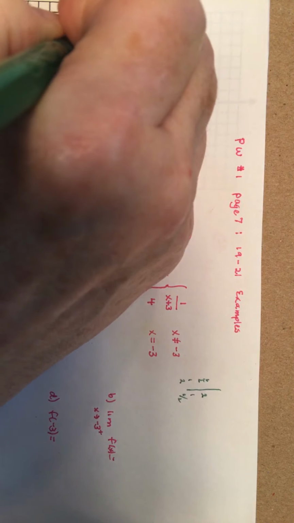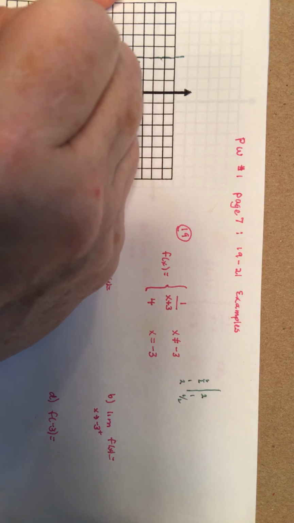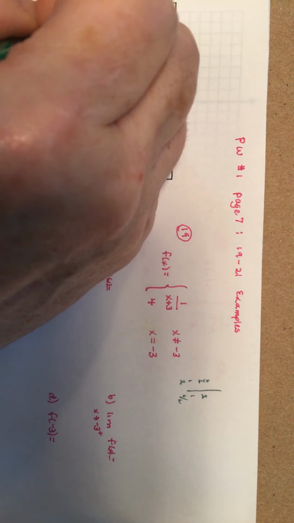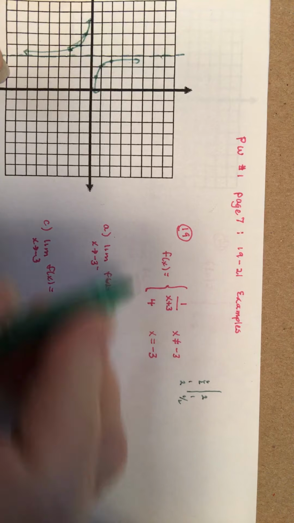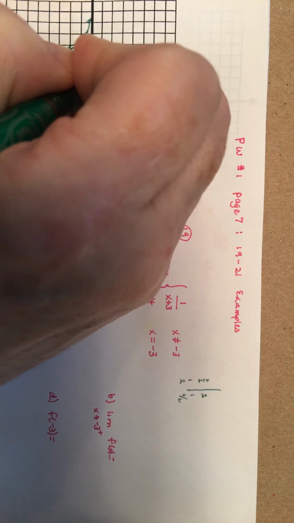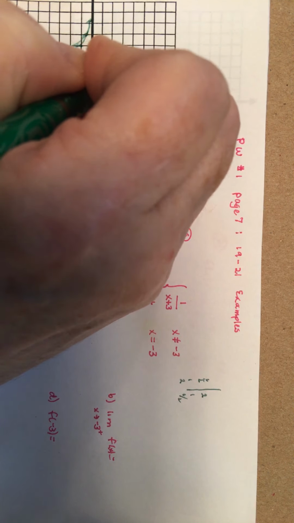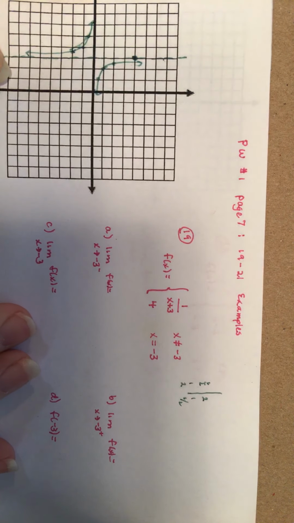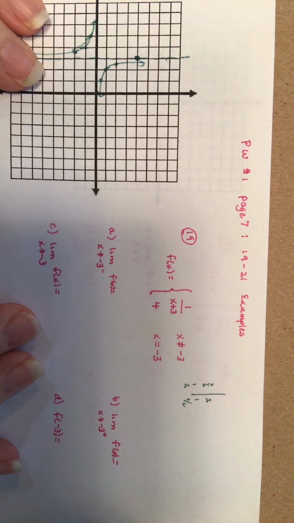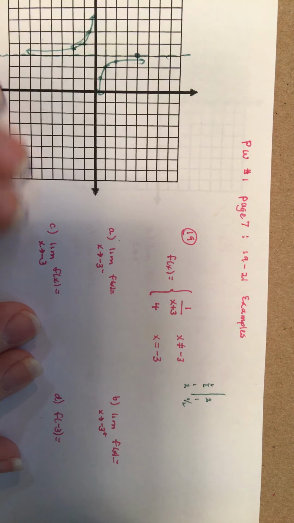Let me get that better. And so now we have our hyperbola. The ordered pair -3, 4, 1, 2, 3, 1, 2, 3, 4 is right there. So we have a nice hyperbola.